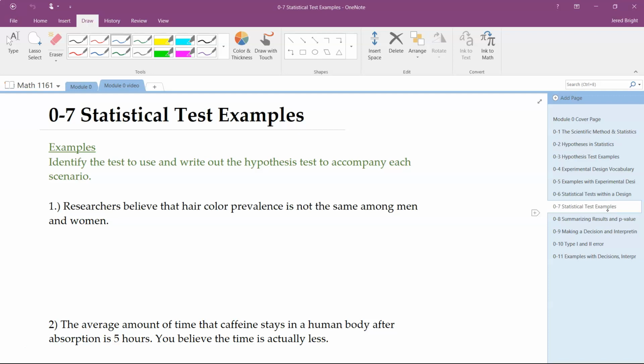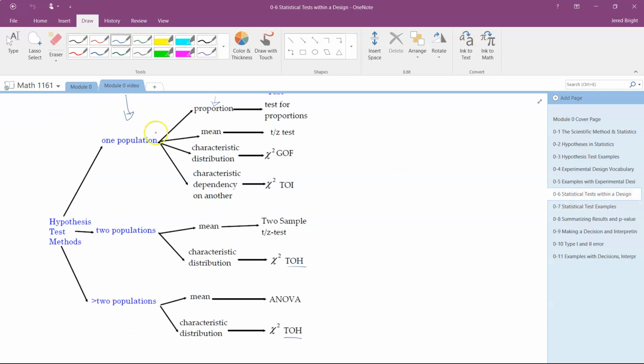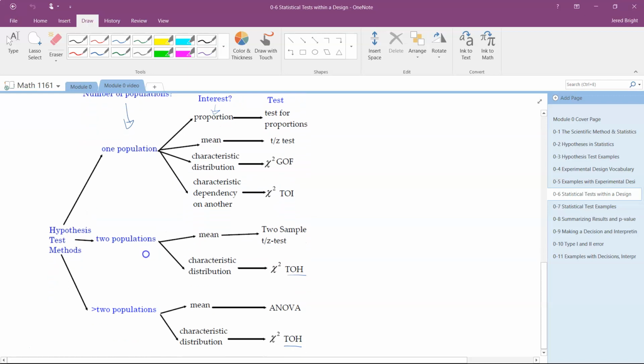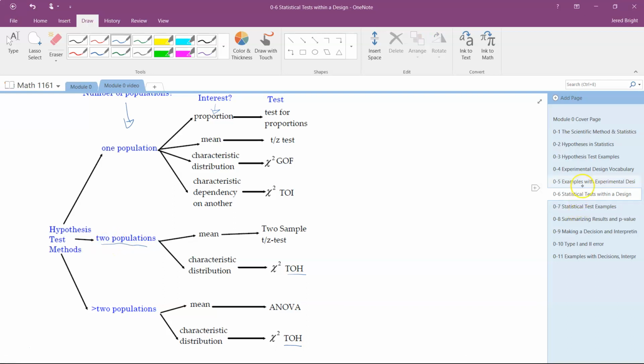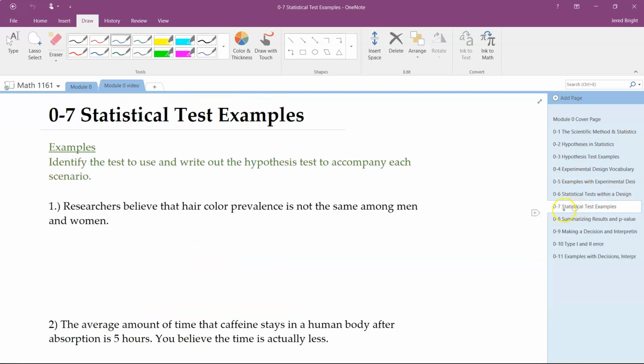Okay, so first context, researchers believe that hair color prevalence is not the same among men and women. Well, so we have to think, okay, how many populations are there? That's our first deciding question. So how many populations are there? Well, men and women, right? So that's effectively 2 populations.